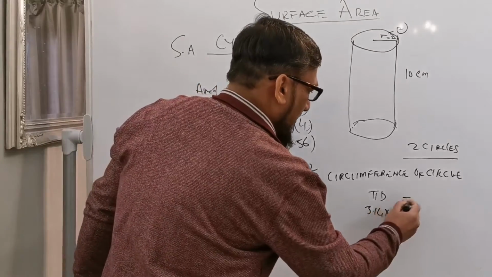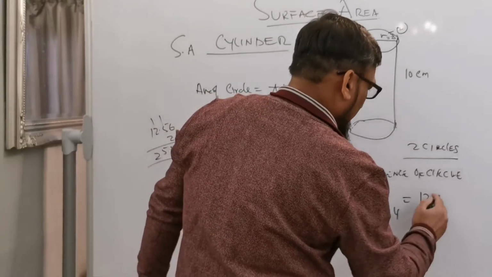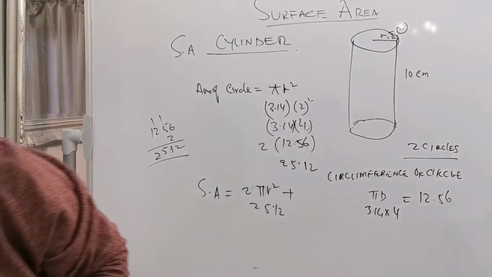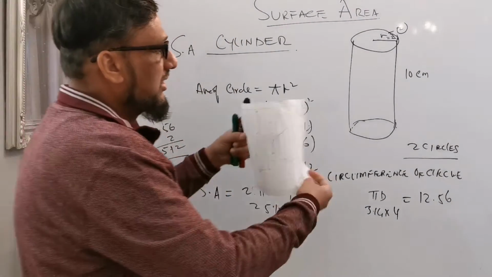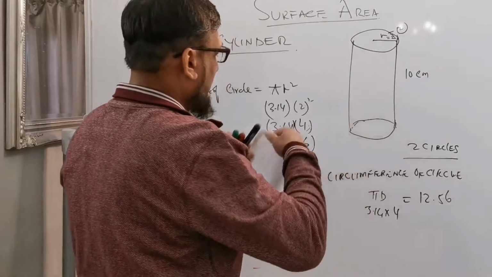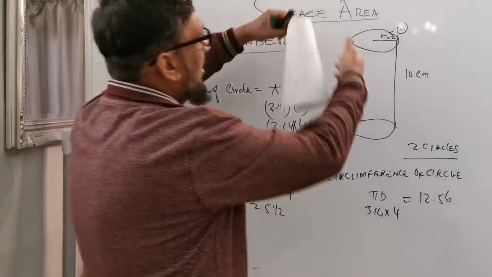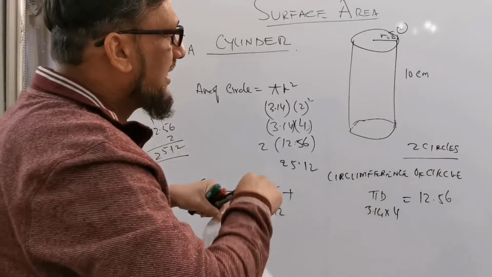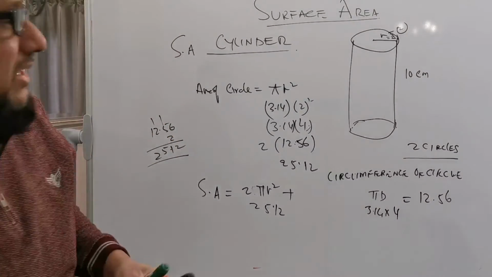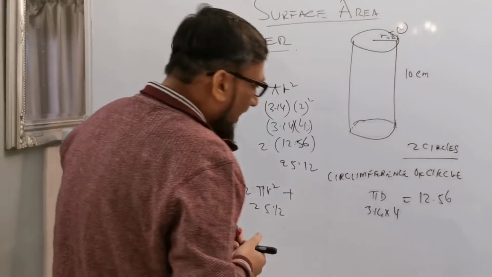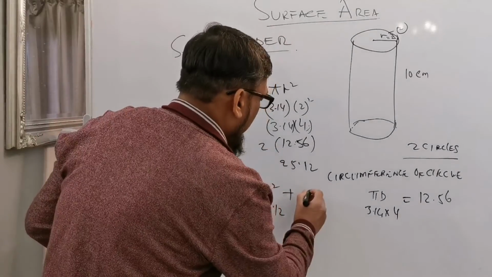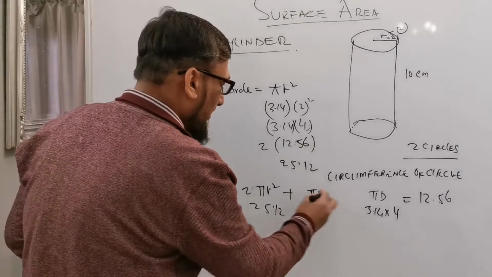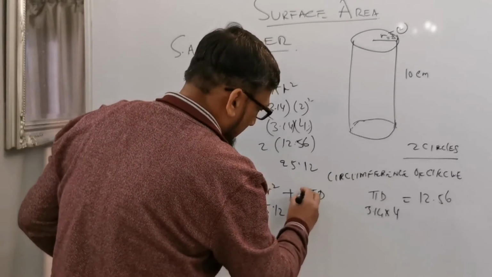So it means 12.56. This is the circumference of circle. If I unfold this one like that, the whole circumference of this circle is 12.56. And then you times by the height, so circumference of circle times h.